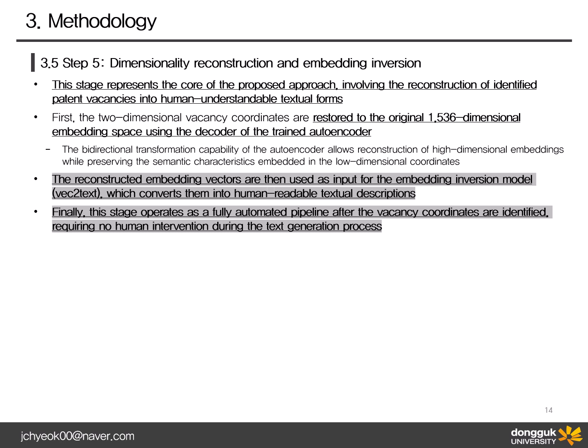The reconstructed embedding vectors are then used for vector-to-text, which converts them into human-readable textual descriptions. This stage operates as a fully automated pipeline once the vacancy coordinates are identified, requiring no human intervention during the text generation process.